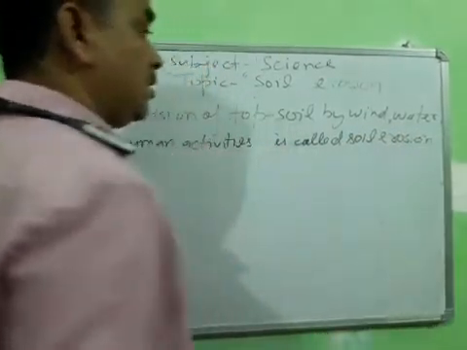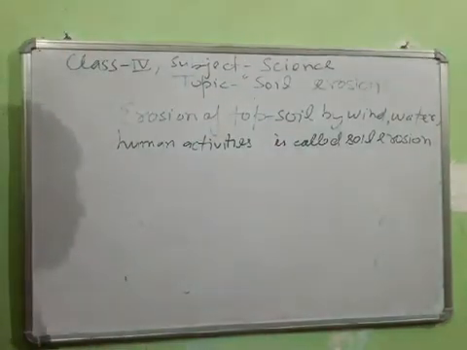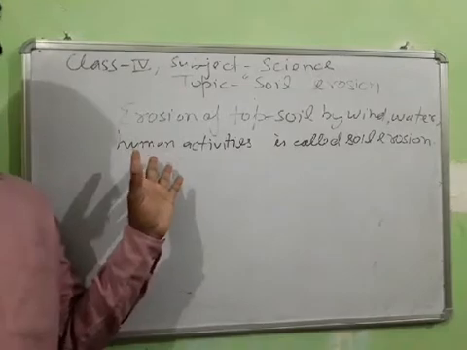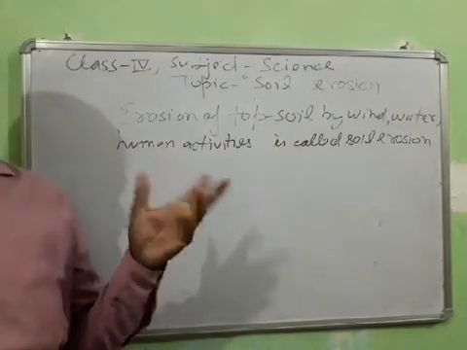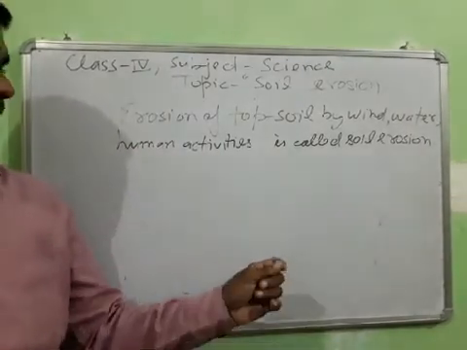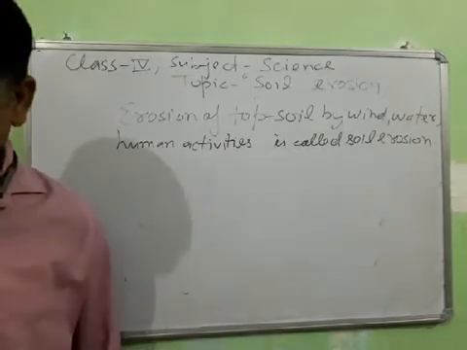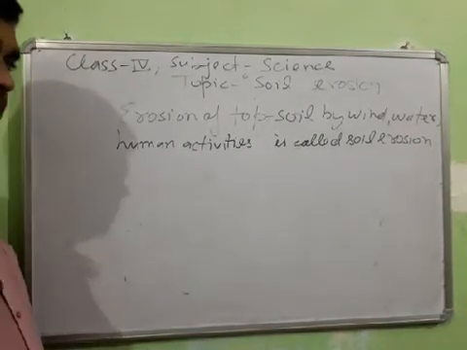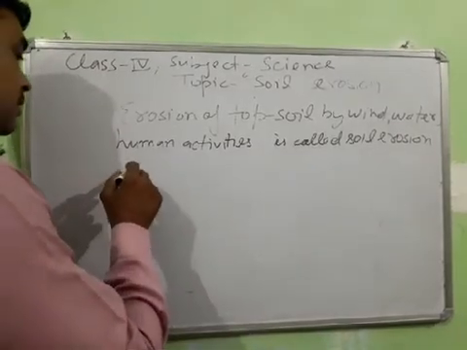So the phenomenon by which the topmost soil is eroded by various agents like wind, water and human activities is called soil erosion.